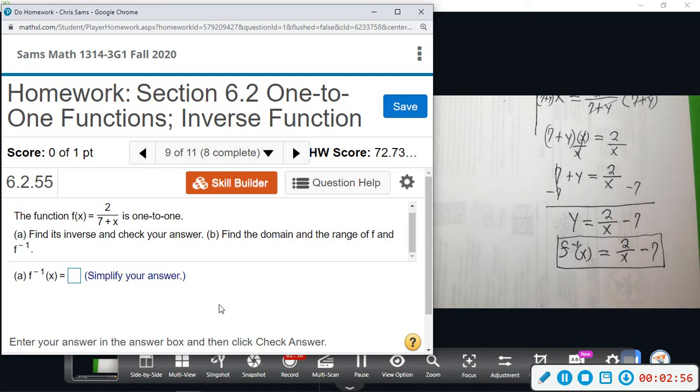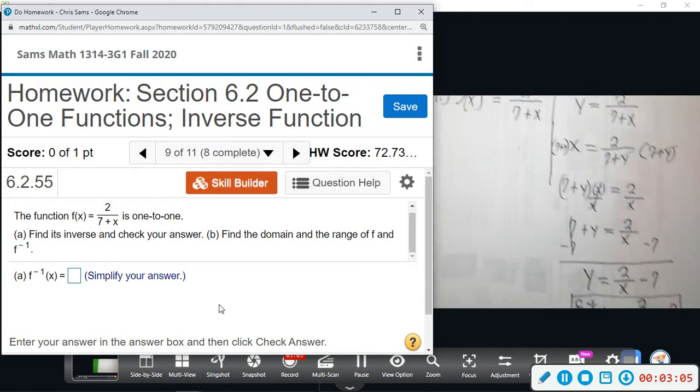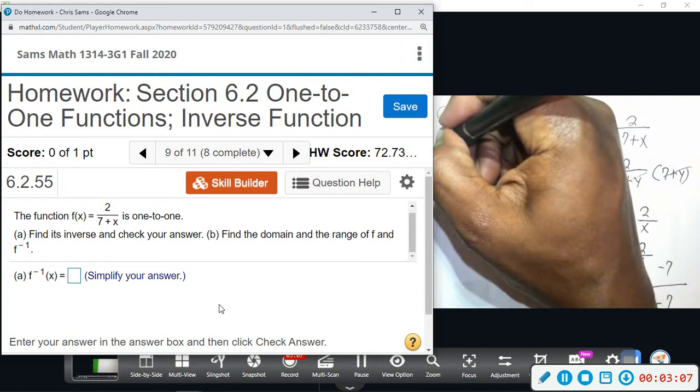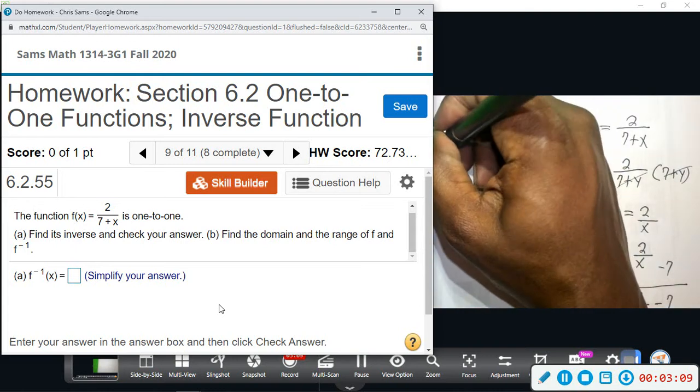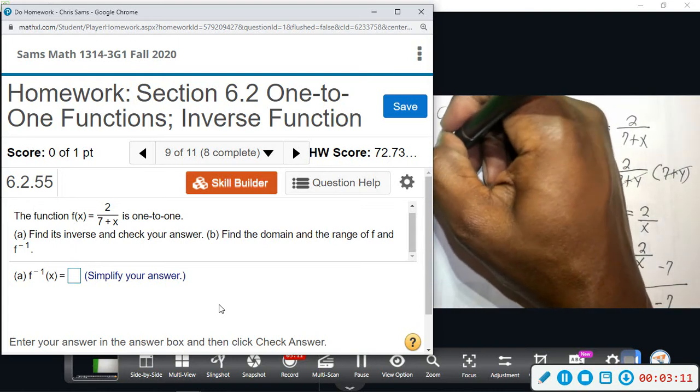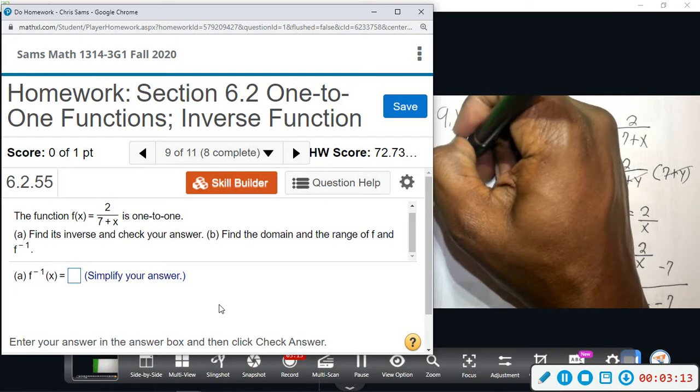Now we have to check it out. When they say check, we're going to plug this in here, and we should end up with x. Notation wise, we're going to do f, and then in place of x, we're going to do f inverse of x.